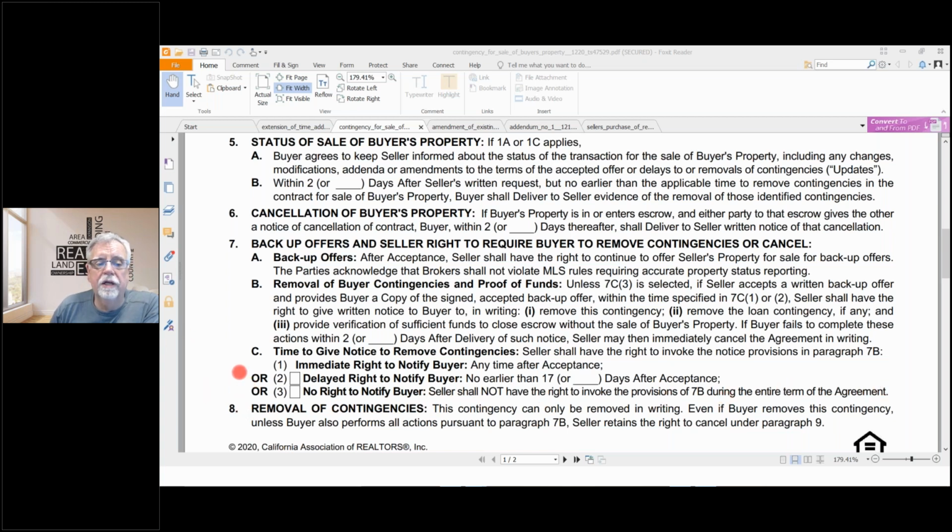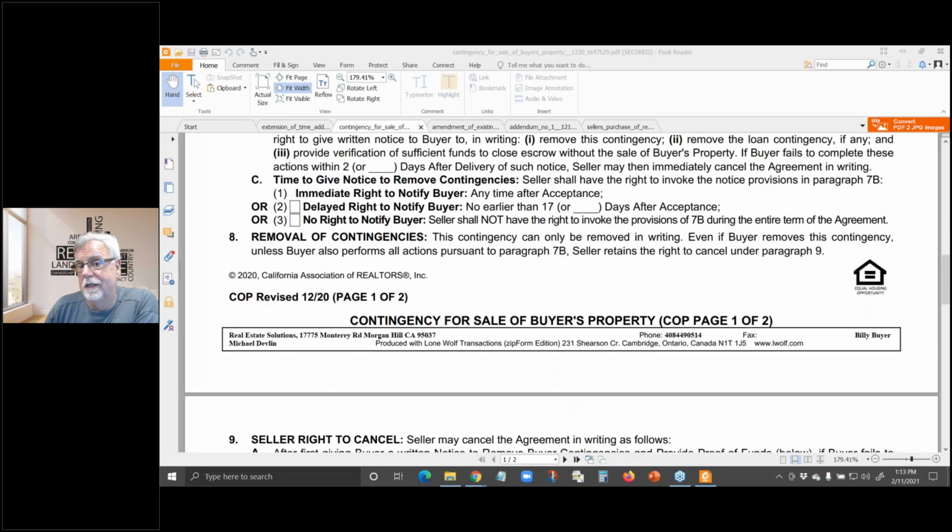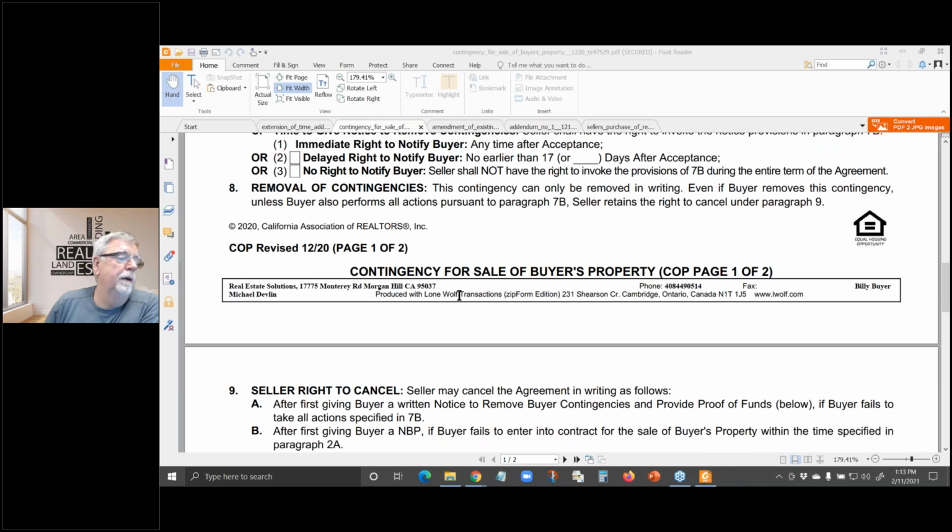This, by the way, is very hard to sell because basically it's saying we're going to tie your property up for all this period of time and you're not going to know whether or not we're actually selling our property or not. In a minute, I'm going to put this in a better context and give you some suggestions as to how to avoid filling out this form.